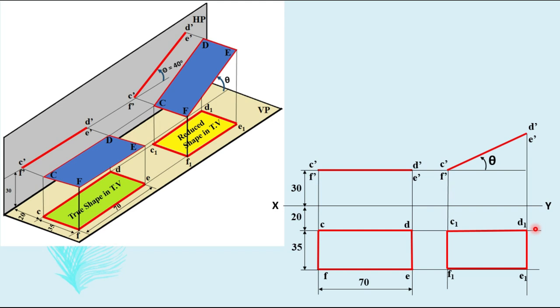Now here some of you might have a question that the corresponding names of front view and top view are not matching, as in this case C dash, C. Here it's C dash and C1, not C. There is no problem with the solution. The only thing is, this is 2 stages and the exam questions or the actual question of projection of plane consist of 3 stages. There in the 3rd stage the names will be matching.